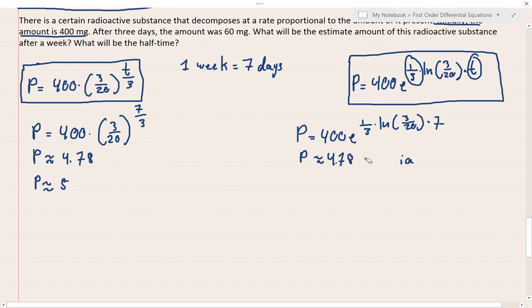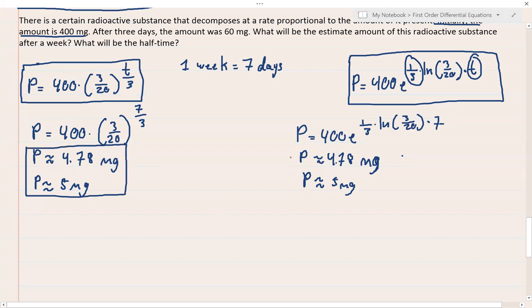Forgive me, hindi pala to bacteria. Ano pala to? Amount. Okay? Or milligram pala, sorry. Sorry guys ah. Sorry, bigla lang akong nalutang eh. 4.78 milligrams or 5 milligrams. Parehas lang sila. Okay? So that's it. 5 milligrams. Okay? So either of the two, pwede naman.